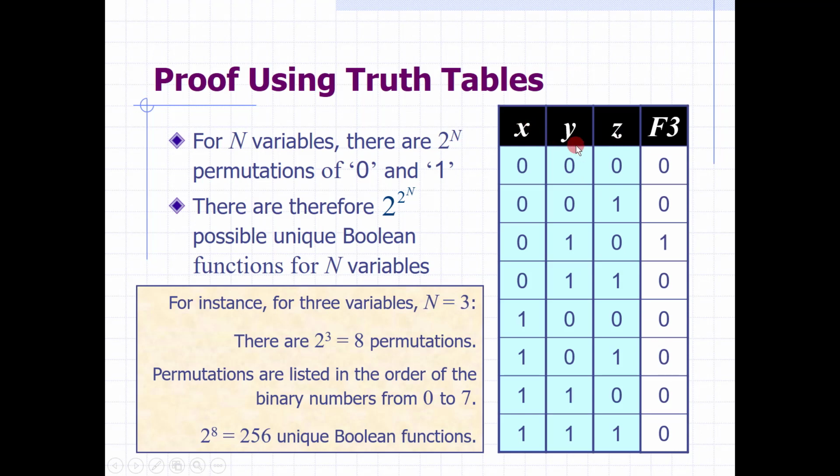Just combine them with lots of ands, ors, and nots, and you can come up with an infinite number of ways to write them. However, you'll only end up with 256 distinct truth tables. The general rule here is for n variables, there are 2 to the n permutations, and then 2 to the 2 to the n different functions. So you can see it grows fast.